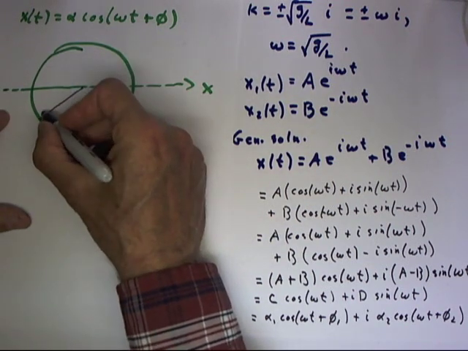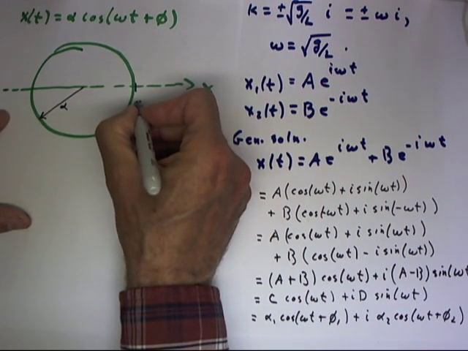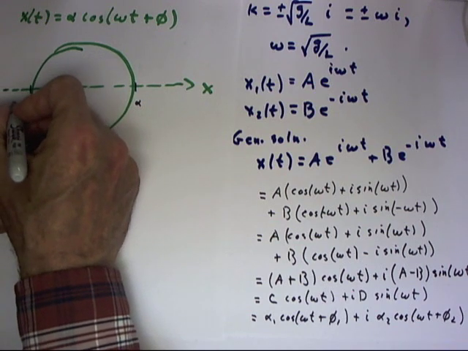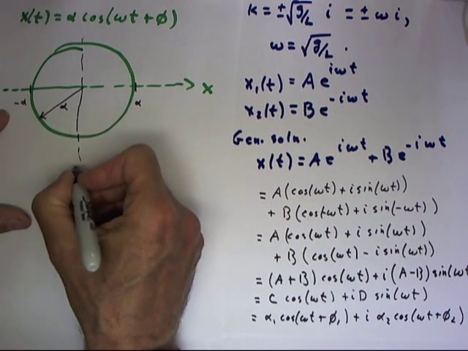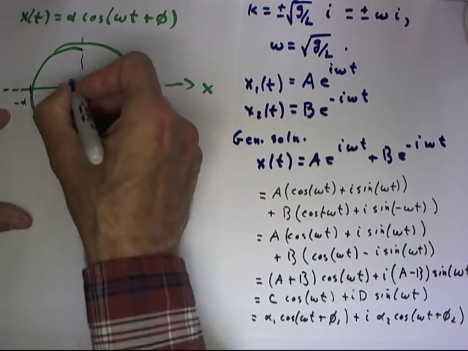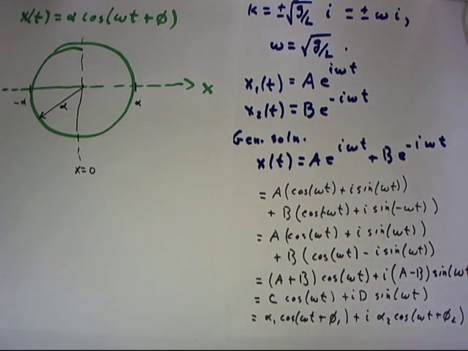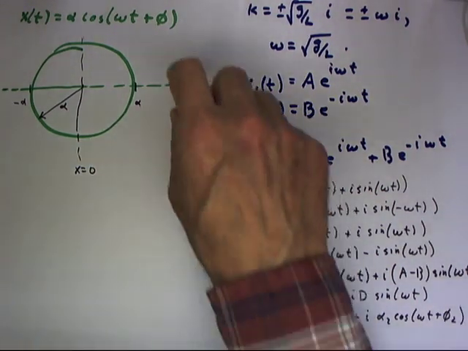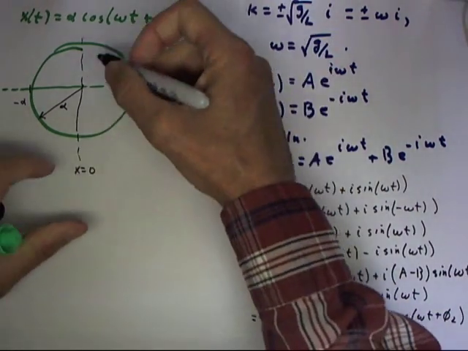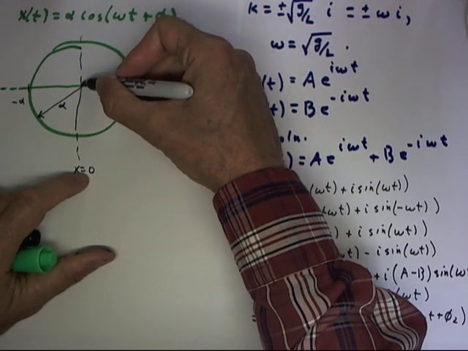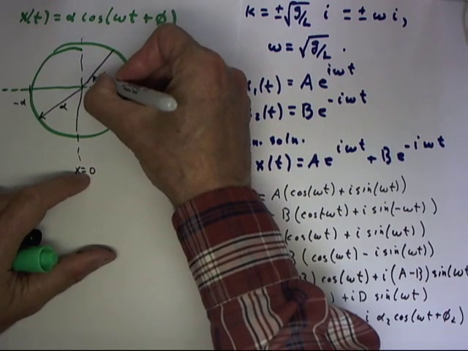The radius of this circle, therefore, is going to be alpha, which makes the maximum value of x alpha, the minimum negative alpha, and of course, here's the line where x equals 0 at the center of our circle. Phi is interpreted as just an angle on the circular model, so let's just say that phi happens to be this angle.